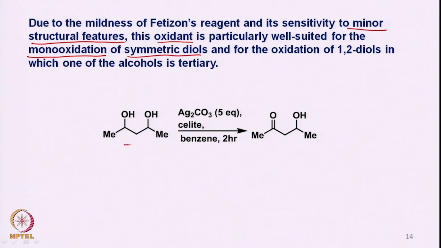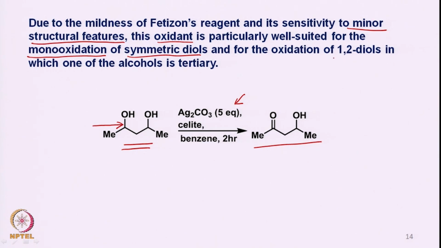Now, we have a symmetric diol like this here, and we can carry out a monooxidation, that means between the two of them we can oxidize only one of the alcohols, even if we use excess of silver carbonate, because it is a slow reaction, and therefore one can monitor and stop when one of the hydroxy groups gets oxidized to the corresponding ketone.